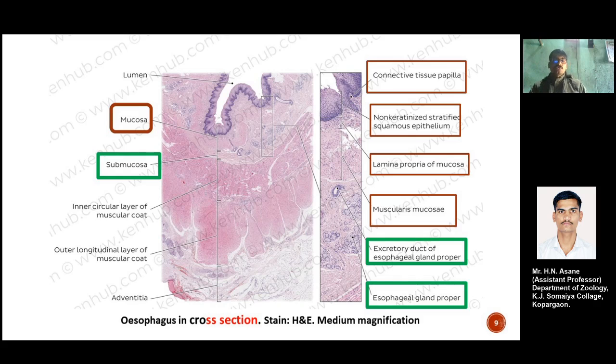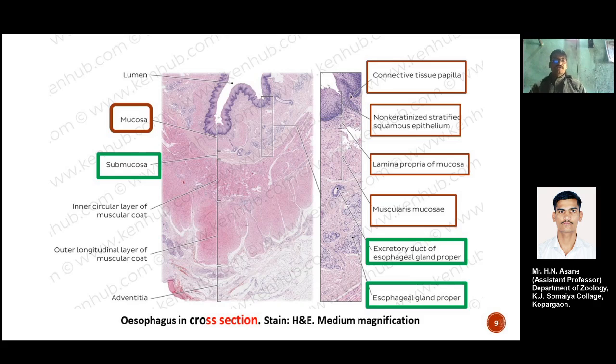So you may be asked questions like: the excretory duct of the esophageal gland proper is present in which layer of the esophagus, or of the alimentary canal? Your answer will be the submucosa, where you see the esophageal gland proper.